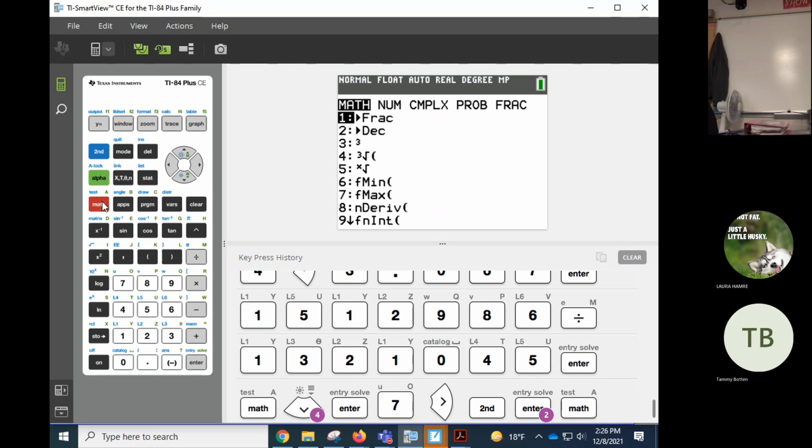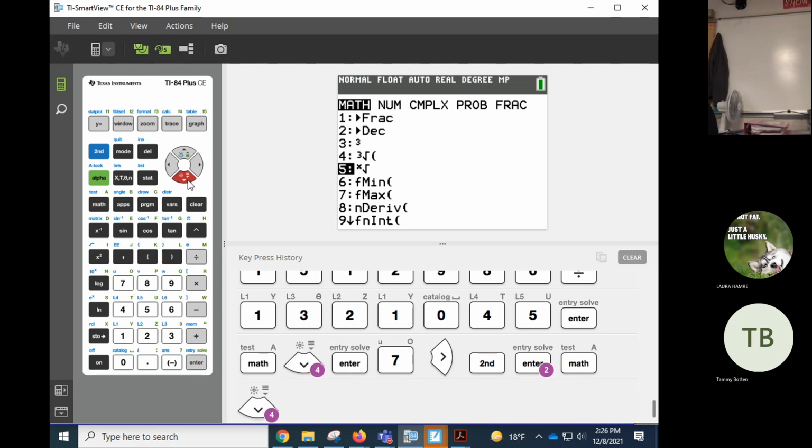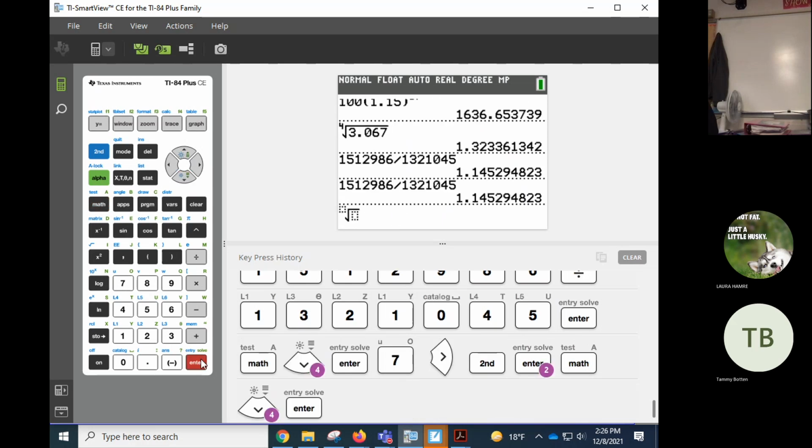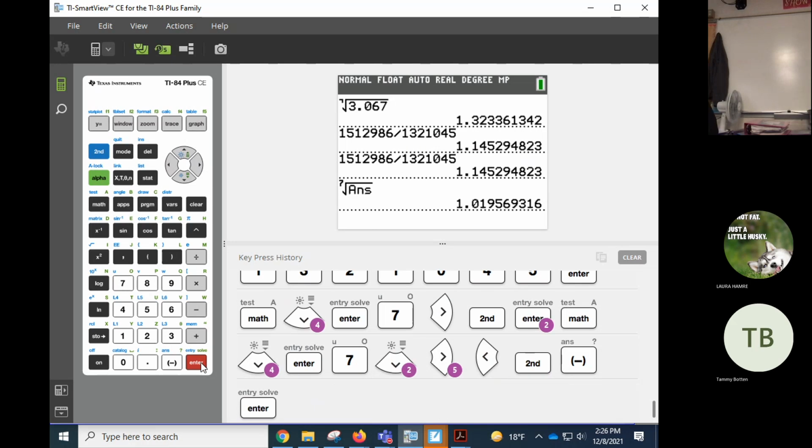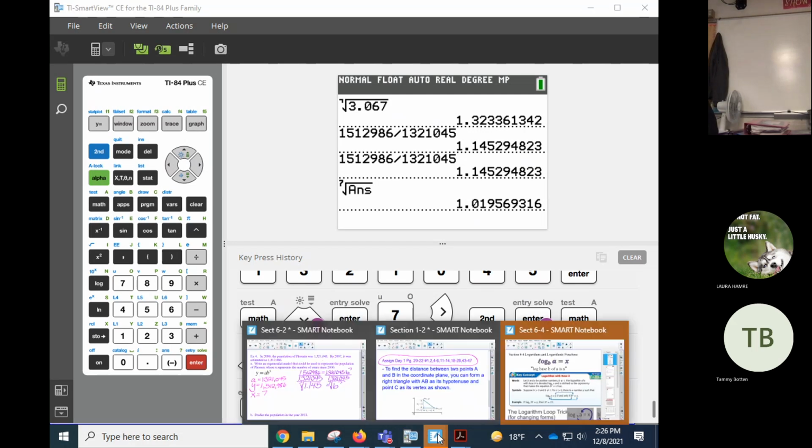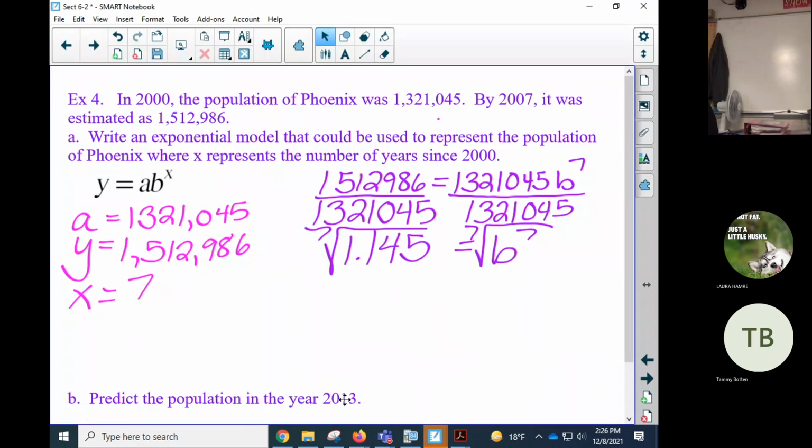Okay, so I'm going to try that again. Math 5, and then I want this to be 7, and here, do I need to go second and then go up? Second, yeah, you're right. Second, negative, we'll pull this down. And then you'll just have a more accurate number. It's not like you have to do it that way. But 1.02 basically is what our B is for this one.